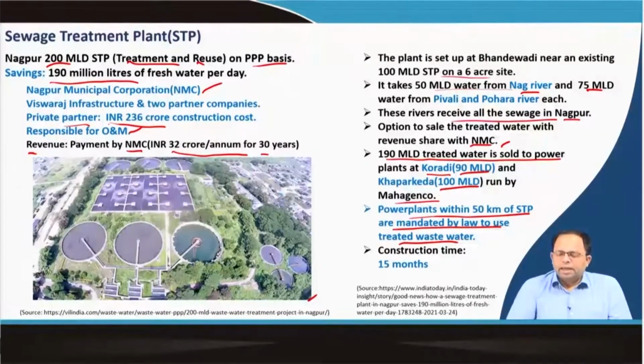So, this is a very nice project where the feasibility of treating the water is possible, because there is a provision for reuse which is mandated by law for these thermal power plants. That is why this treatment is profitable, and why a PPP model could be set up for this kind of treatment process. The construction time for this project was 15 months. You can understand that such projects, if viable, could be set up in other parts of the country as well.